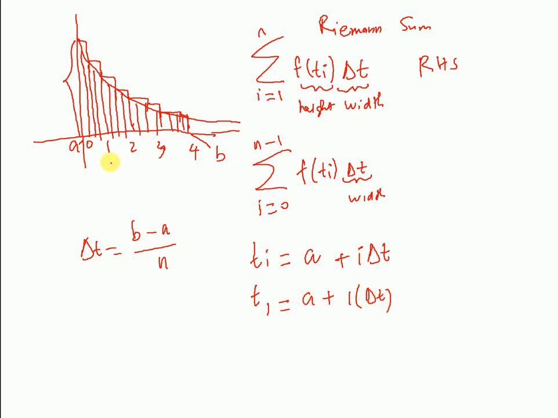That means we are here, we are from 0, then we add delta t, we go up to 1, and therefore t1 is at this point. We just keep moving forward. Okay, so let's move on.